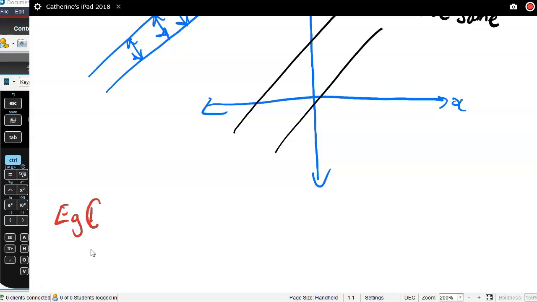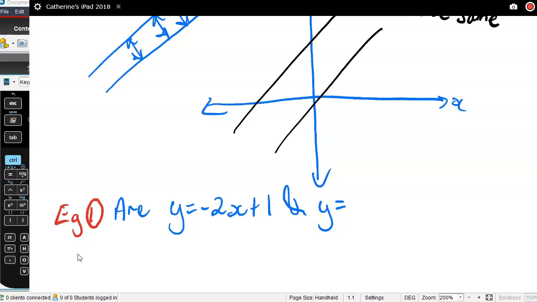So e.g. 1. Are these two equations y equals negative 2x plus 1 and y equal to 2x plus 4 parallel?